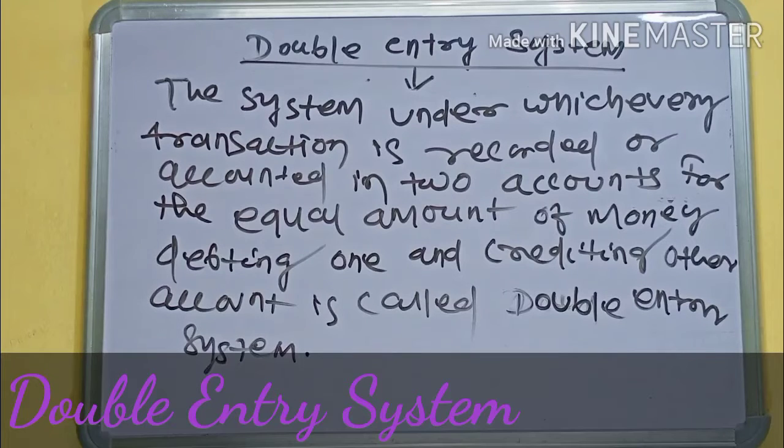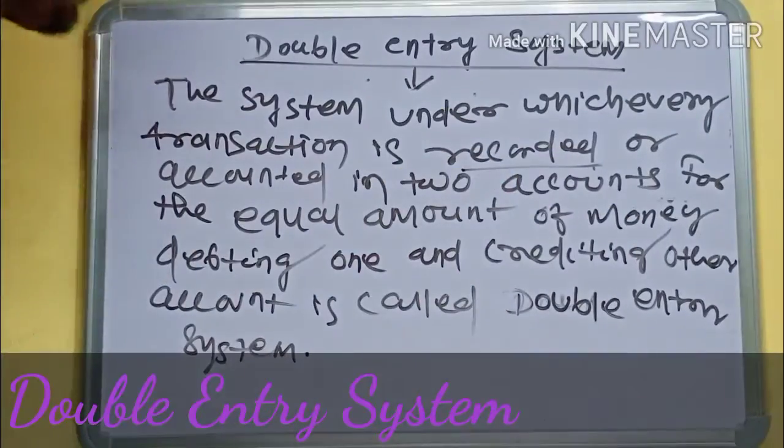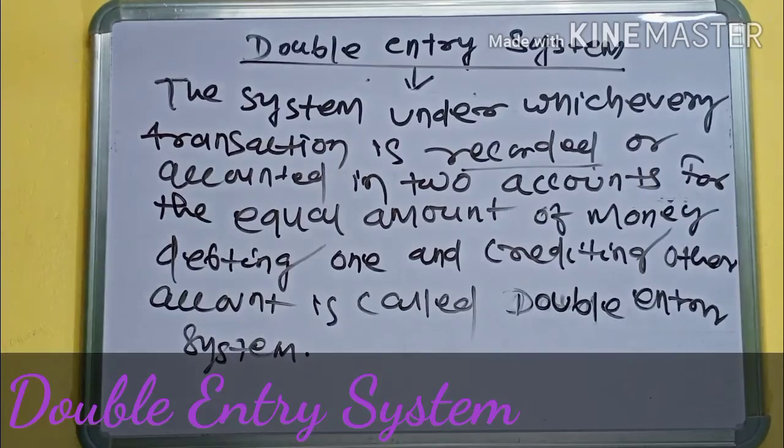Overall, the double entry system refers to the system under which every transaction is recorded in two accounts for an equal amount.